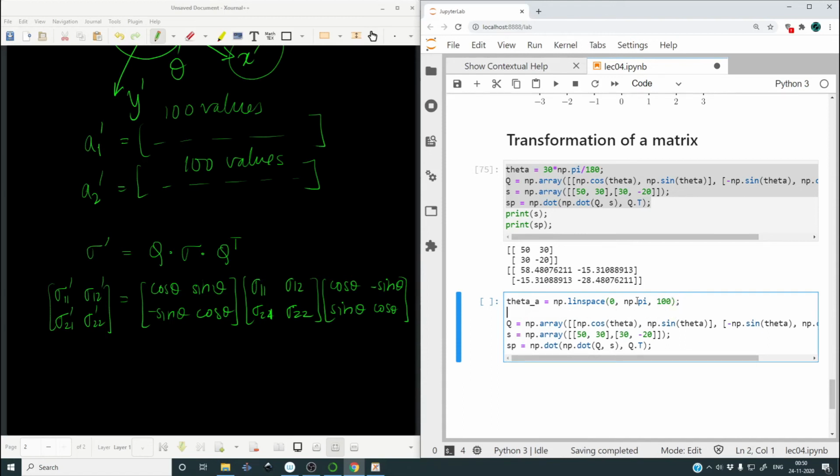Okay, in order to save the different components of the transformed matrix, let us declare a few more arrays.